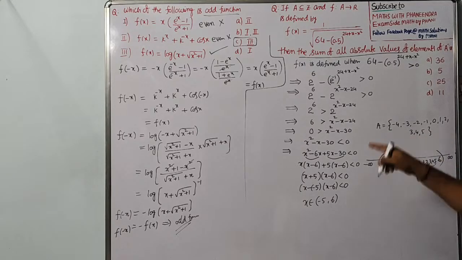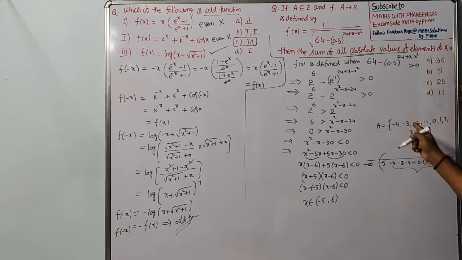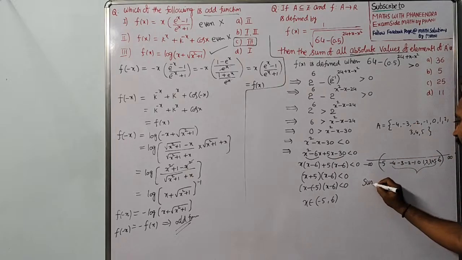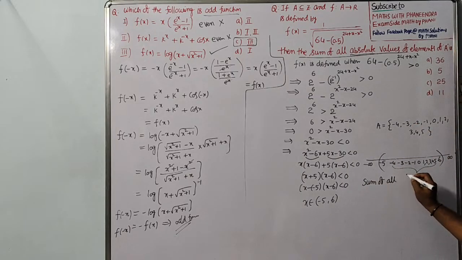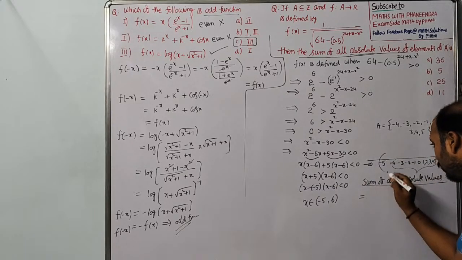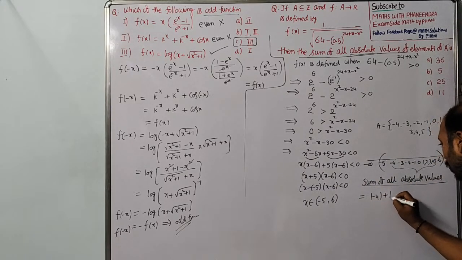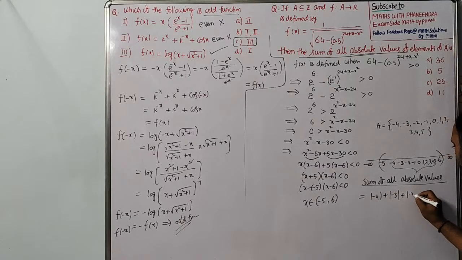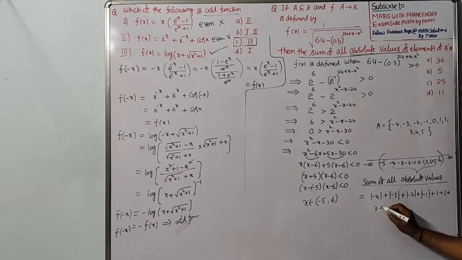Sum of these values, absolute values, that means wherever negative values are there, sum of all absolute values, means mod values. That is equal to mod minus 4 plus mod minus 3 plus mod minus 2 plus mod minus 1. Anyway 0, it is 0 only. Next 1 plus 2 plus 3 plus 4 plus 5.